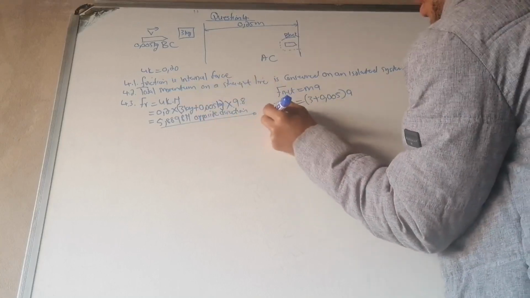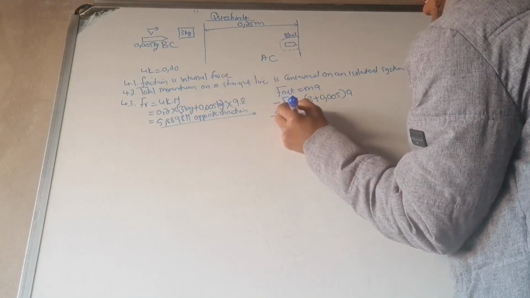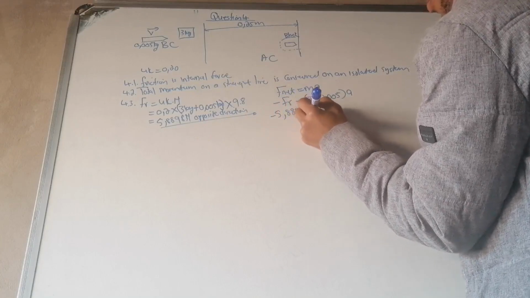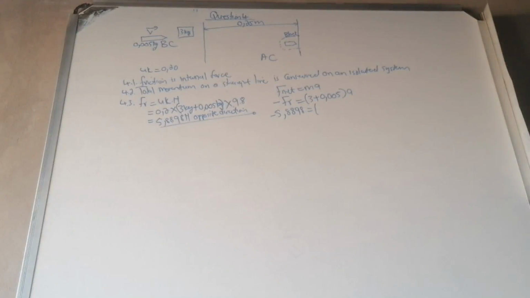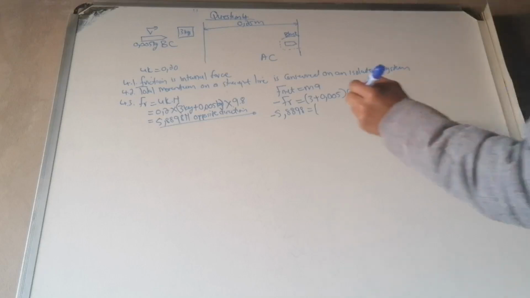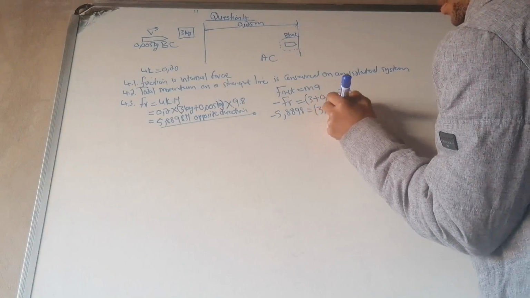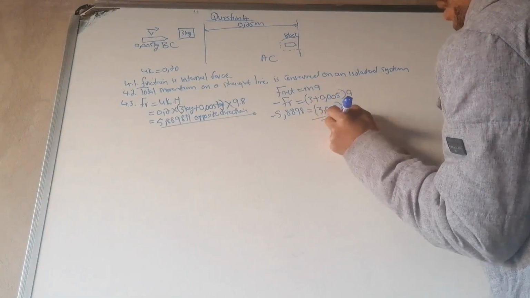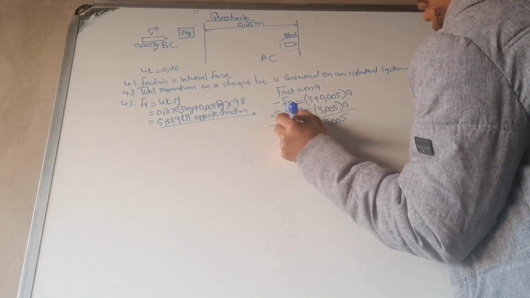I have a value negative 5.8898 equals 3 plus 0.005, which is 3.005, and I'll divide by that.